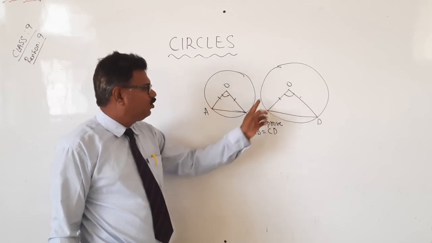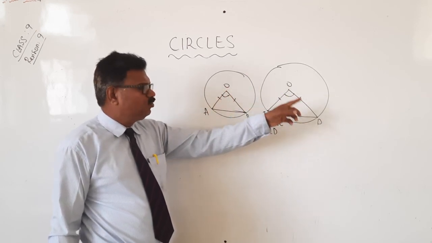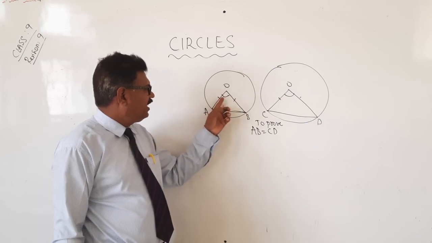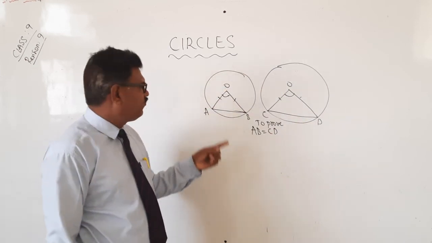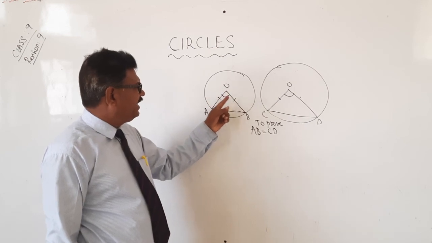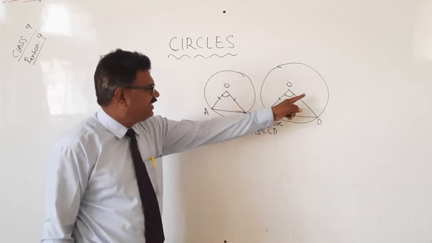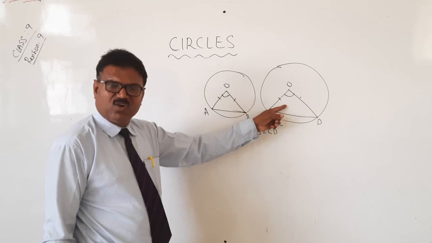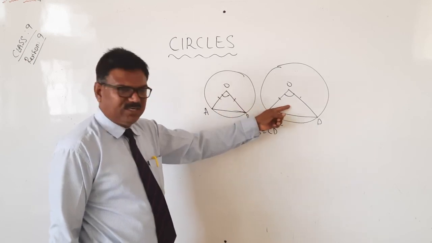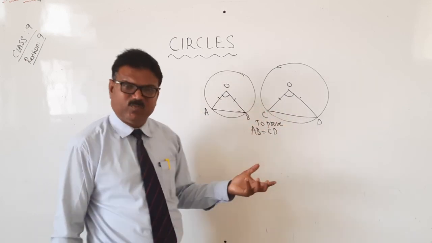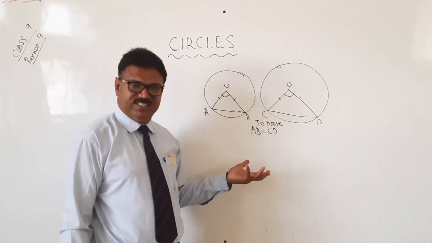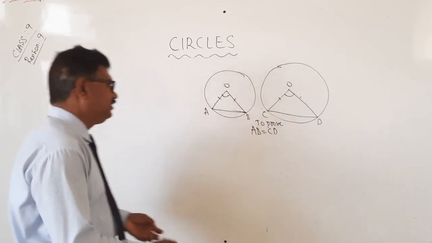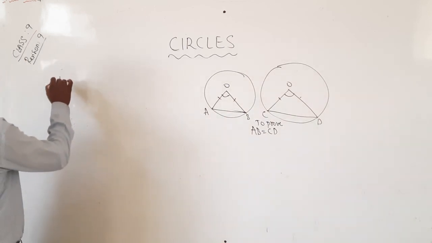Therefore, OA equal to OC, OB equal to OD, and angle AOB equal to angle COD he has given. Therefore, SAS condition, these two are congruent. When these two are congruent, automatically corresponding sides and corresponding angles are also equal. Therefore, AB will be equal to CD. Okay na? Yes.